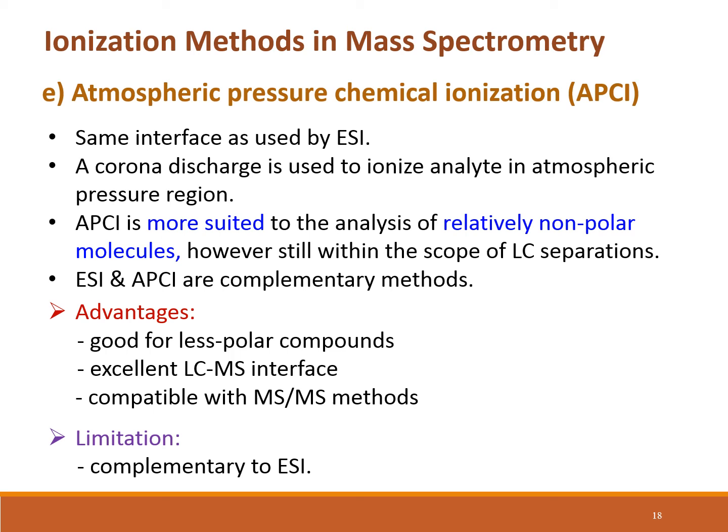ESI and APCI are complementary methods. The advantages: it is good for less polar compounds, an excellent LC-MS interface, and compatible with MS-MS methods. However, the limitation is that it is complementary to ESI. So therefore, in some textbooks, they don't mention APCI.